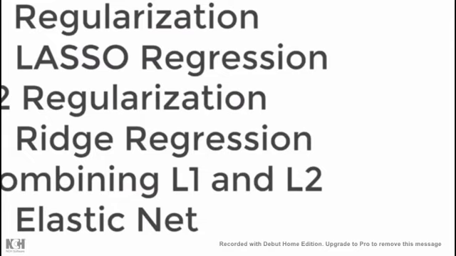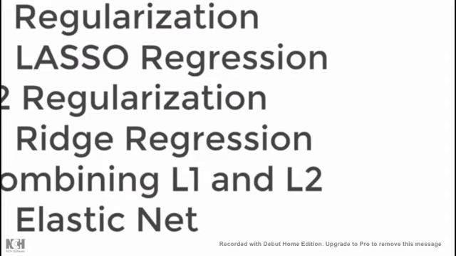This is going to be repeated multiple times, and they are connected to each other. Whenever there is a word called L1, automatically it is applying L1 regularization, which is lasso. L2 is ridge. Combination of L1 and L2 means elastic net.